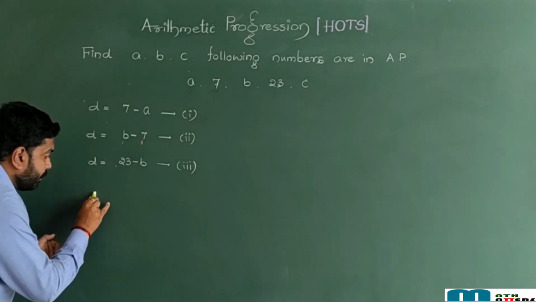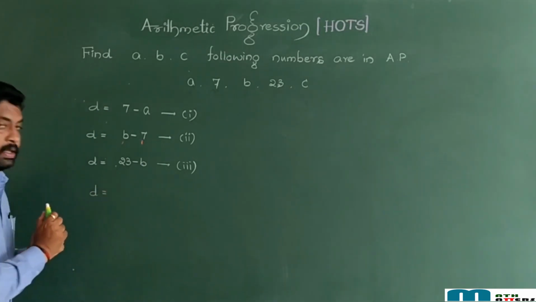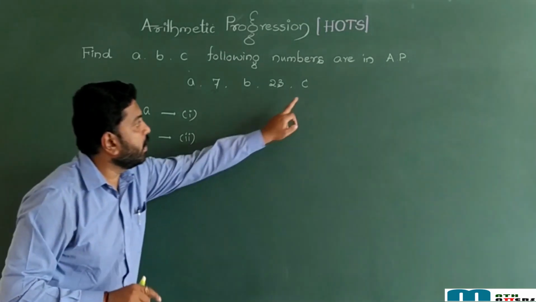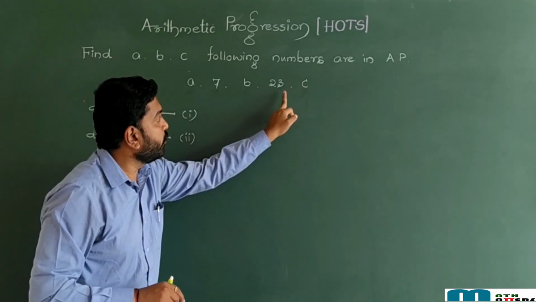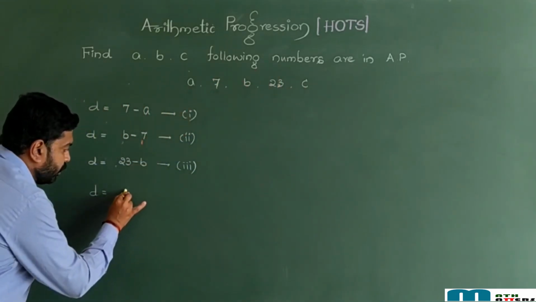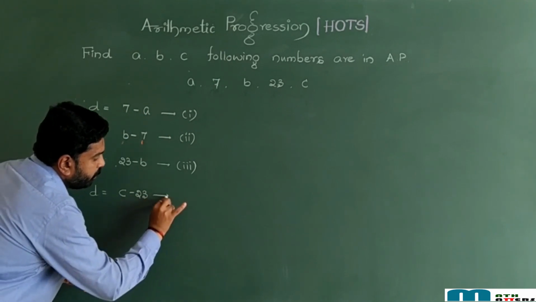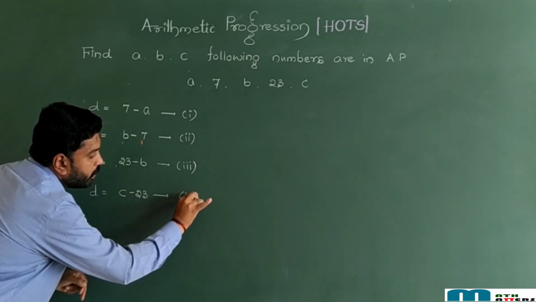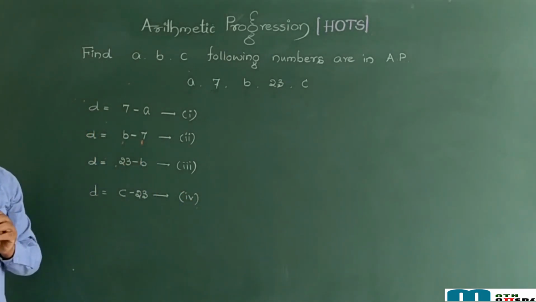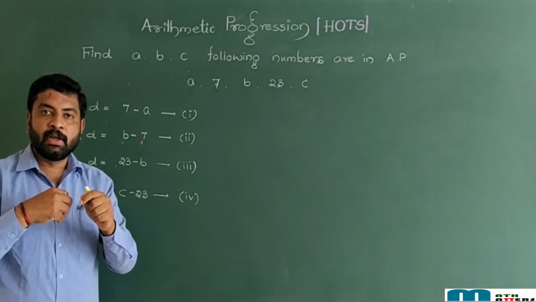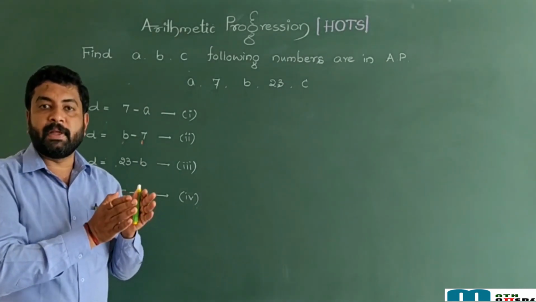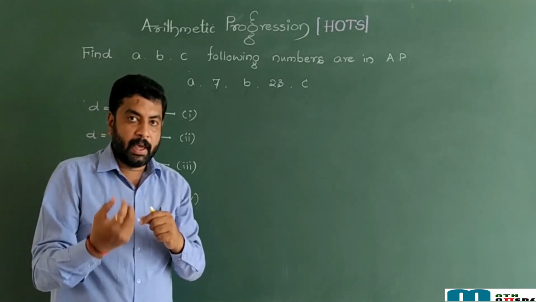Next, d can be calculated with the help of a5 minus a4. A5 is c, a4 is 23. That is c minus 23, equation number 4. All four equations are taken. Now, as we equated in the previous problem, the same way we need to equate.